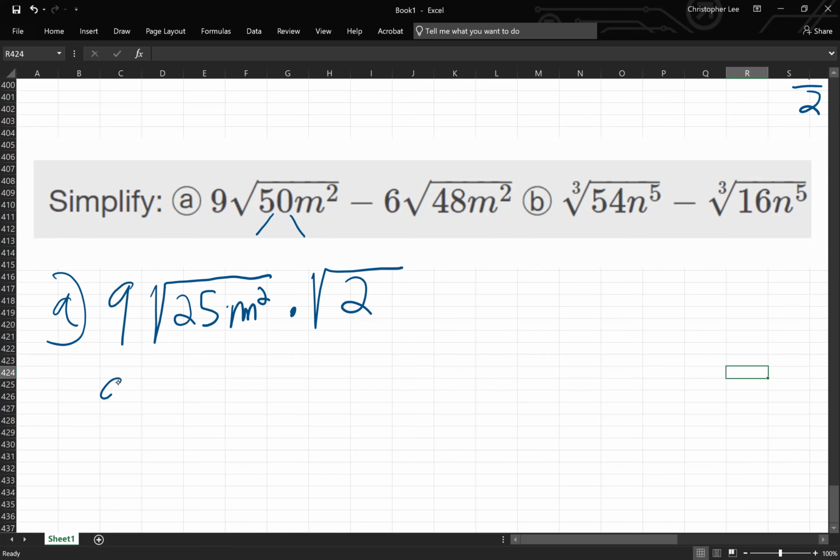And then this becomes 9 times 5m plus 2. Sorry, square root 2, which becomes 45m.